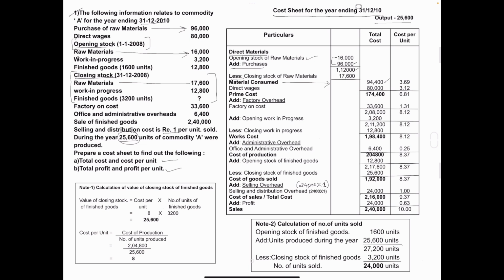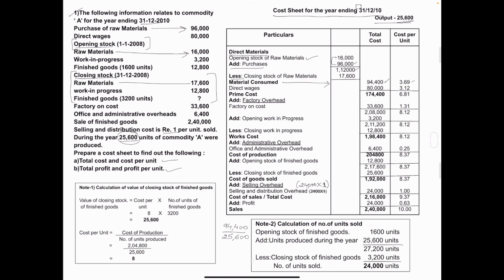Understood? 94,400 and the units produced during the year is 25,600. So divide this. You will get 3.69. Understood how we got this figure? 94,400 divided by 25,600, you will get 3.69.